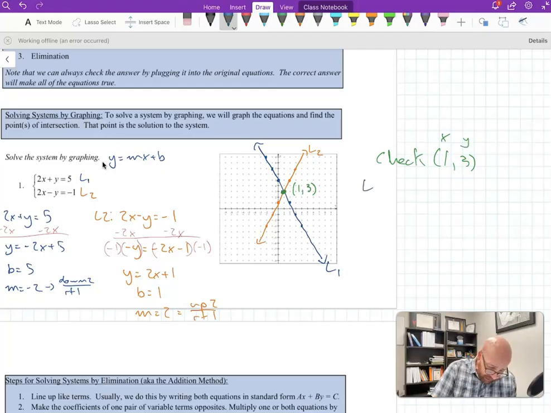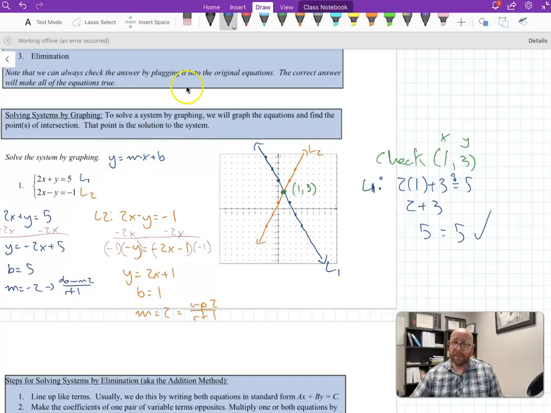Let's look at line 1. So we have 2 times 1 plus 3. Does this equal 5? Does 2 plus 3 equal 5? Yes. So we know that the point 1, 3 satisfies equation 1.